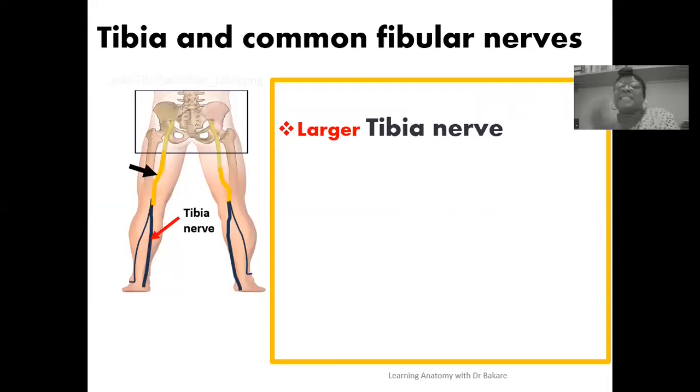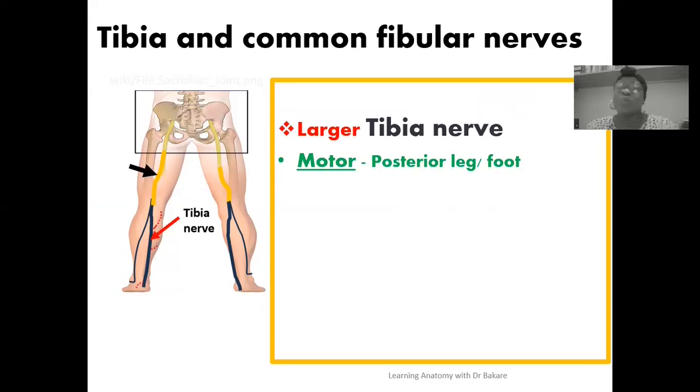And this larger tibial nerve is seen to provide both motor and also sensory innervations. So this nerve is seen to provide motor innervations, of course, giving innervations to the muscles around the posterior region of the leg and also some intrinsic muscles of the foot. And this is what is seen to be highlighted here in dotted red.